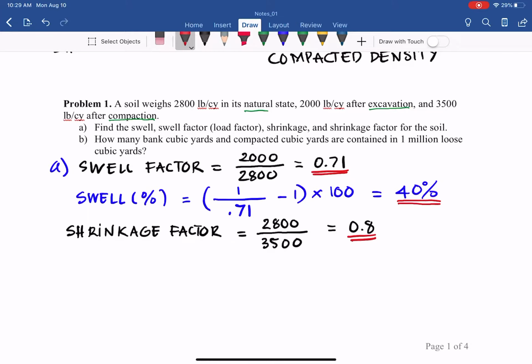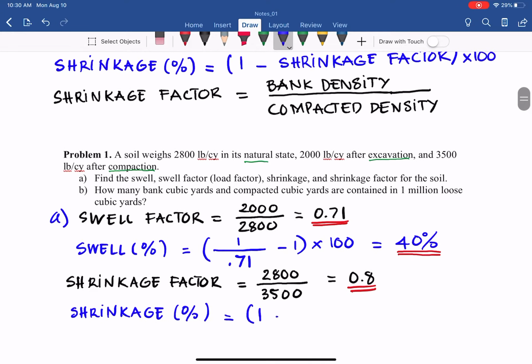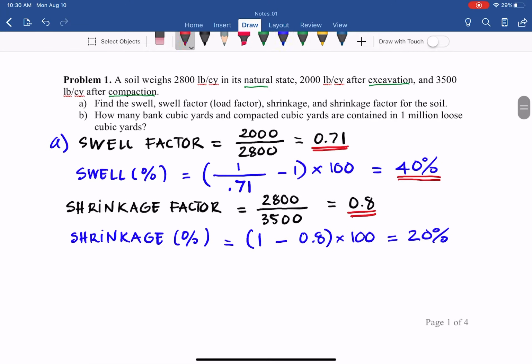And then we have shrinkage percent. It equals 1 minus the shrinkage factor 0.8, times 100. So it will be 20%. So what does that mean, shrinkage percentage? The volume at the natural condition, if changed to compacted, is reduced 20%.